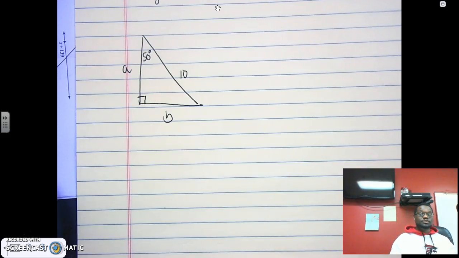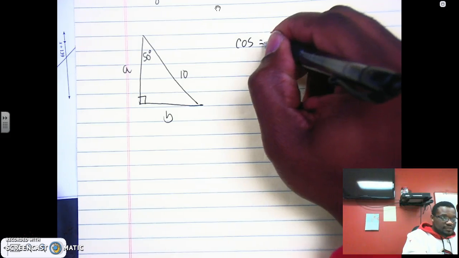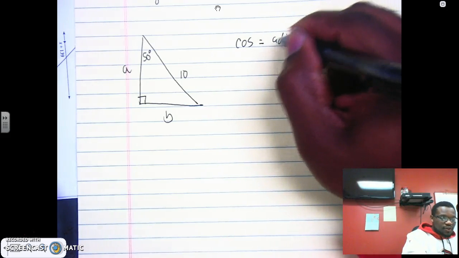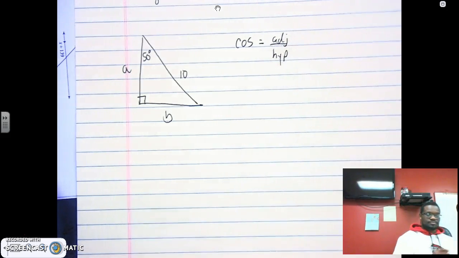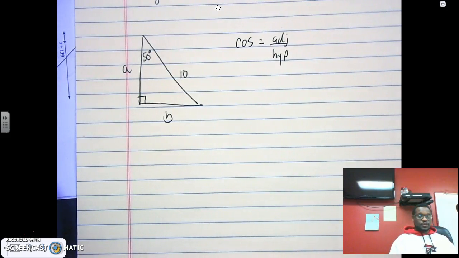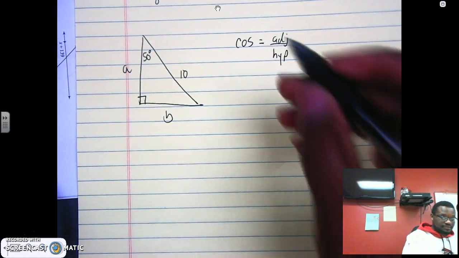Which function deals with adjacent and hypotenuse? Look at your notes. If you wrote that down, you would notice that cosine is adjacent over hypotenuse.